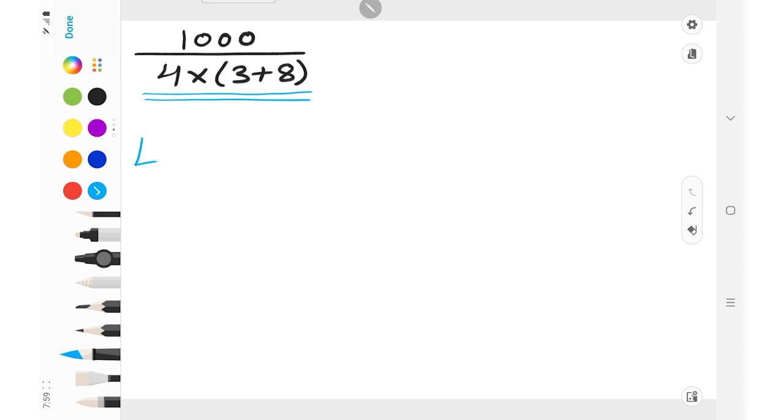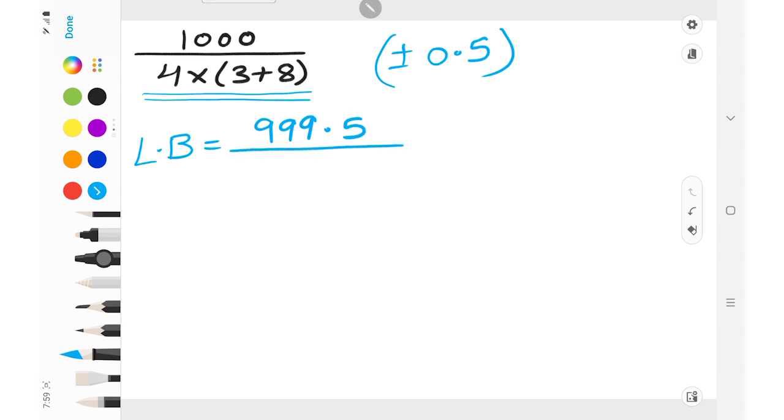So I will do my lower bound. I will not write the lower and upper for each number because we know that what we are doing is plus minus 0.5. So the lower for the 1000 is 999.5 divided by the upper for all the numbers below. 4 becomes 4.5, multiplied by 3 becomes 3.5, plus 8 becomes 8.5.